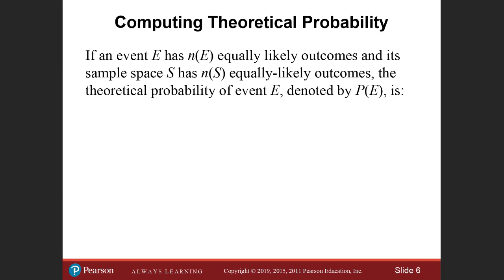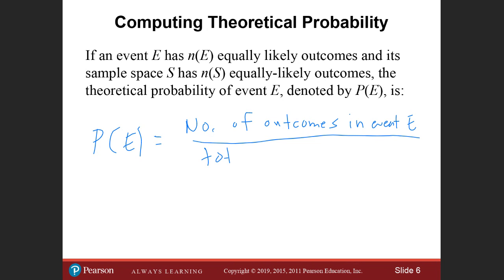So for the theoretical probability, the probability of E, that is your event, is equal to the number of outcomes in event E over the total number of possible outcomes.